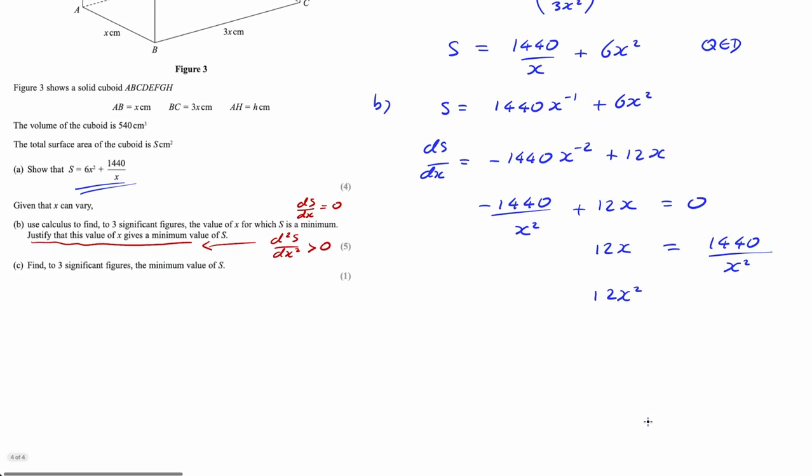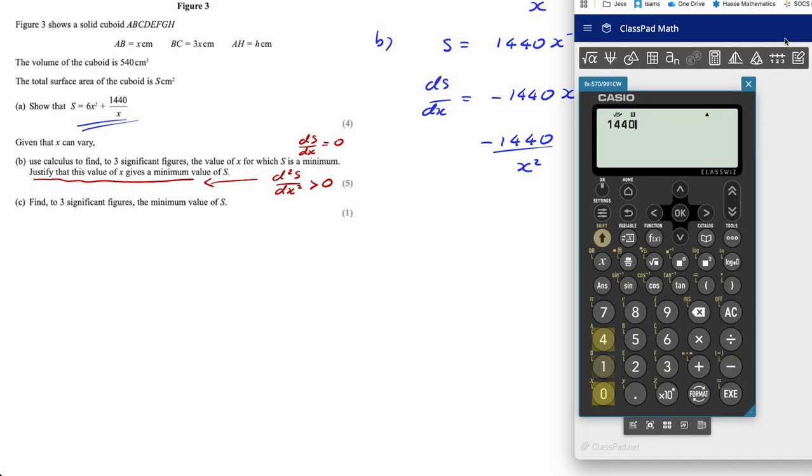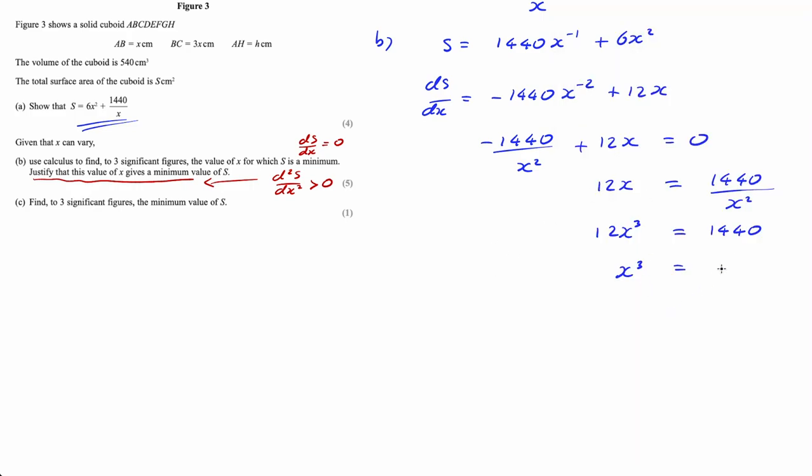Then I will multiply across by this x squared, and I get 12x cubed, because I'm multiplying across. So 12x cubed equals 1440, and then x cubed is equal to 1440 divided by 12. 1440 divided by 12 is 120. Okay, so x cubed is 120, which means x is the cube root of 120.